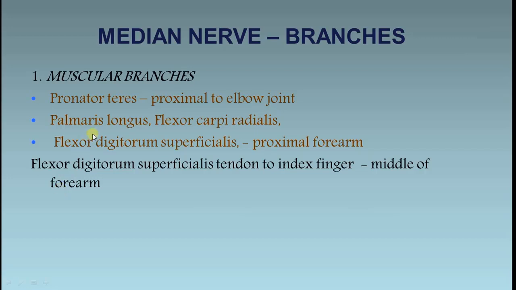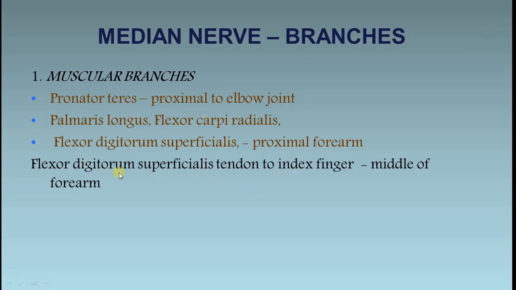Now, why am I specifying all these things, at which level it is giving a branch to which tendon? Because only then, if the nerve is damaged, you will know at which level it is damaged and what effects it will produce. For example, if the nerve is cut or damaged in the middle of the forearm, naturally the nerve supply to all these muscles will not be disturbed.